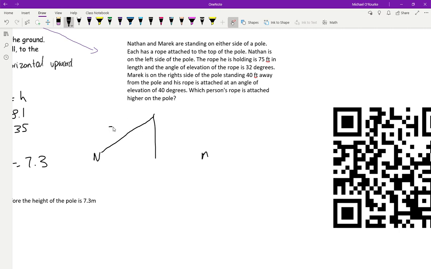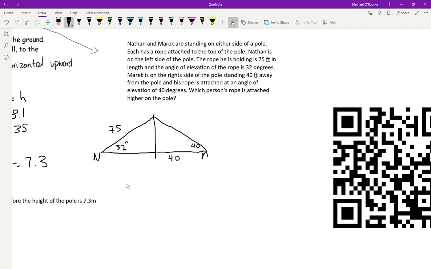His rope is 75 feet, and the angle of elevation of his rope is 32 degrees. Mark is 40 feet away from the pole, and his angle of elevation is 40 degrees. The question is asking whose rope is higher.